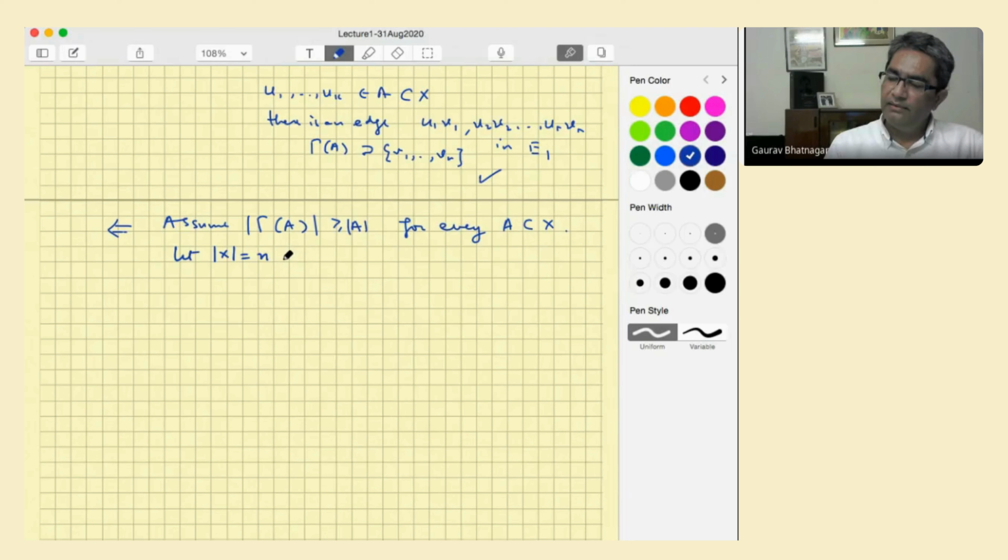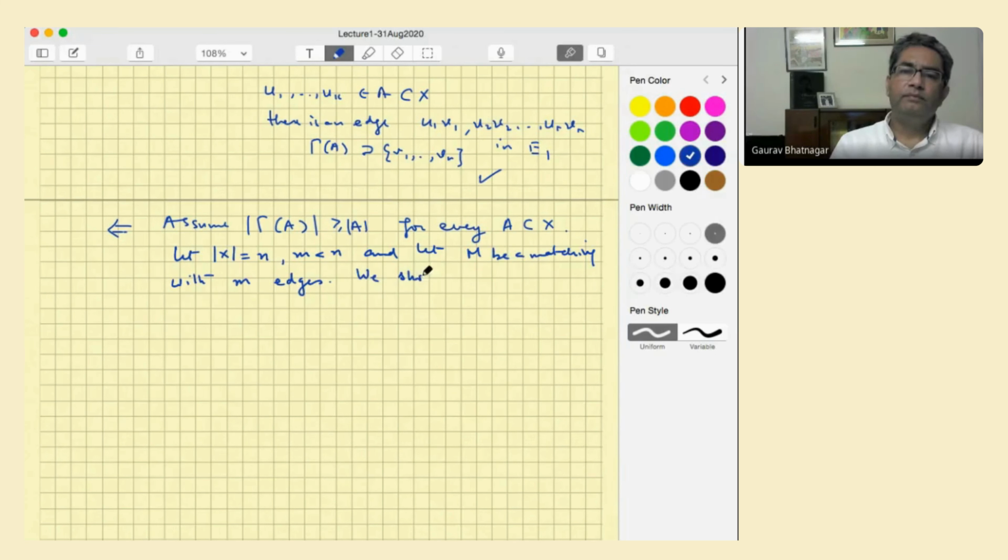and let m be less than n, and let M be a matching of size m. So we will show a larger matching exists.